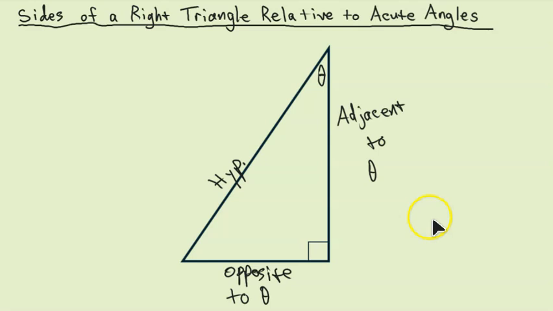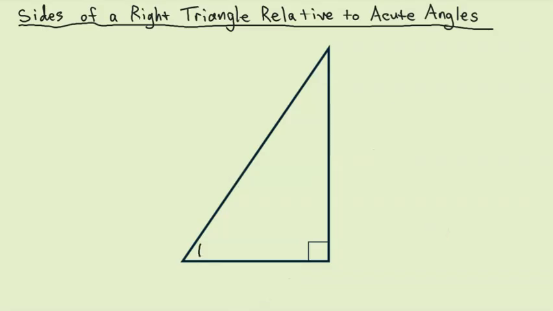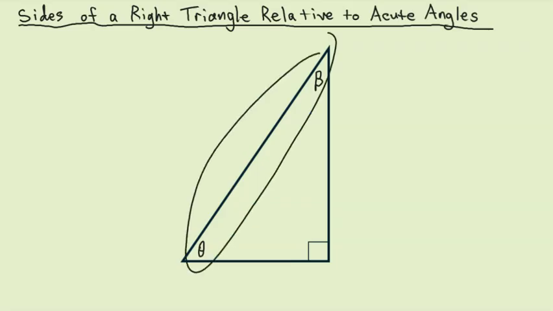Okay? And so now what I'm going to do is name one of the angles theta, and the other angle beta, and we're going to identify which leg is adjacent and which one is opposite to both theta and beta. Let's say that this angle down here is angle theta, and this angle up here is angle beta. Well, what are we going to call this side of the triangle?